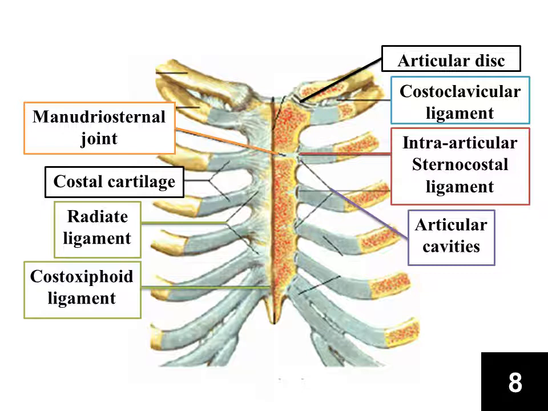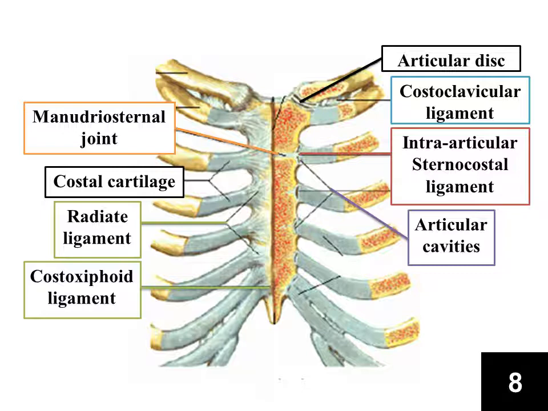Each one of these joints has a fibrous capsule like any synovial joint, and this capsule is strengthened anteriorly and posteriorly by a radiate sternocostal ligament.